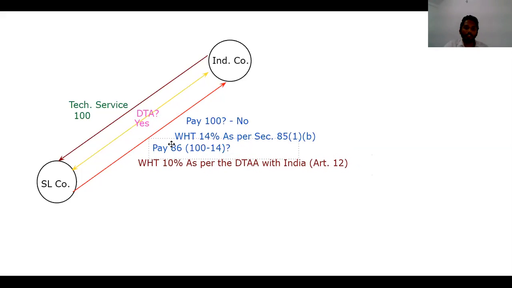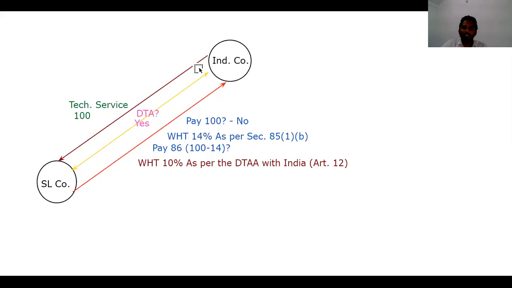You need to pay according to the DTA because it benefits both countries. Because it is a non-resident person who has done only one service, it is subject to 10%.